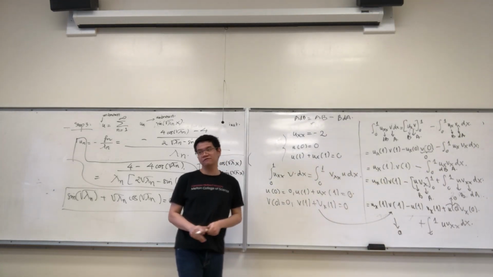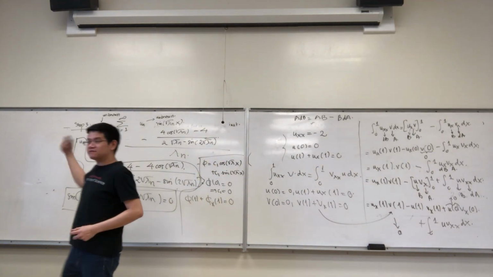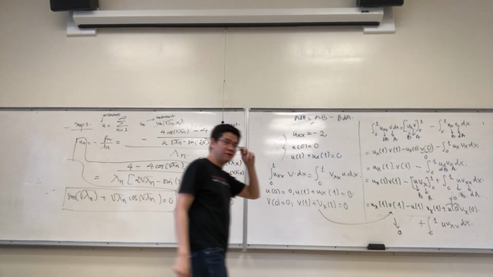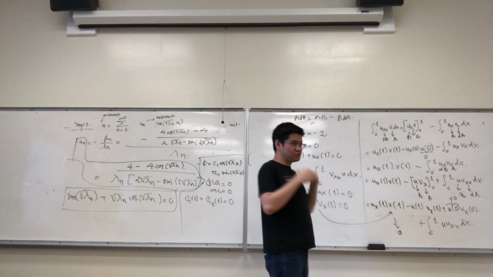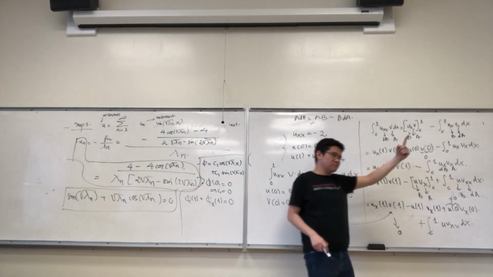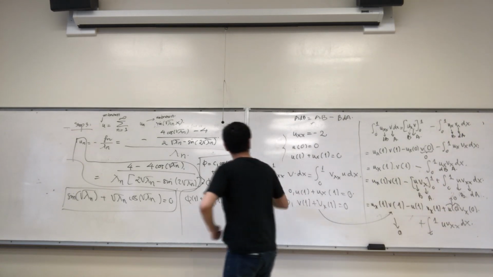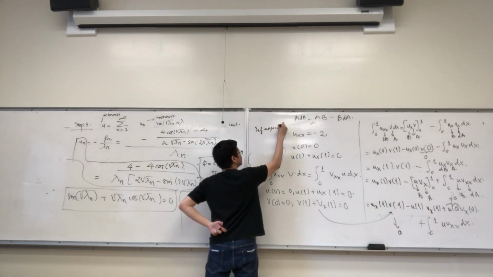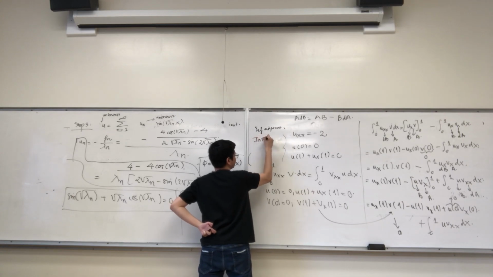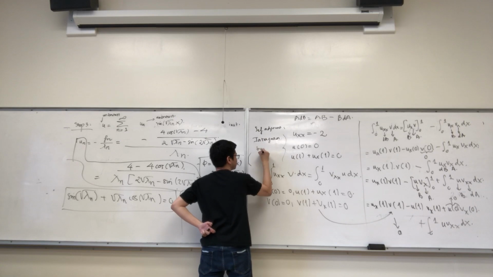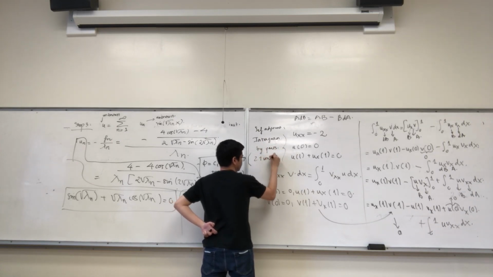And you have self-adjointness. For the example today, you can also do the same thing. Right? So basically, in order to check self-adjointness, it is very easy. You just do integration by parts 2 times. Right? For self-adjointness, what you do is integration by parts 2 times, and that's it.